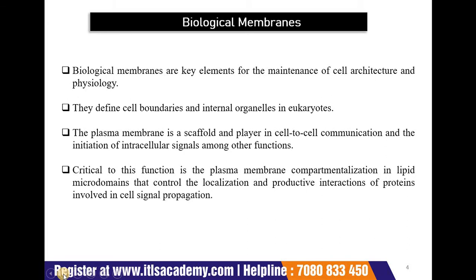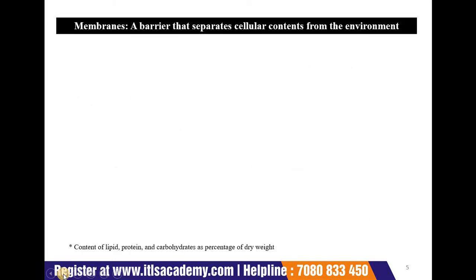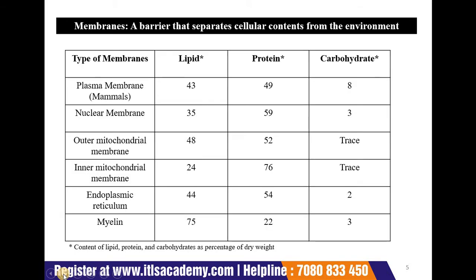So, in general, as I've already mentioned, membranes separate the cellular contents from the environment. And membranes are basically composed of lipids, protein, and carbohydrate. So the major content is lipid and protein as compared to carbohydrate in the plasma membrane.